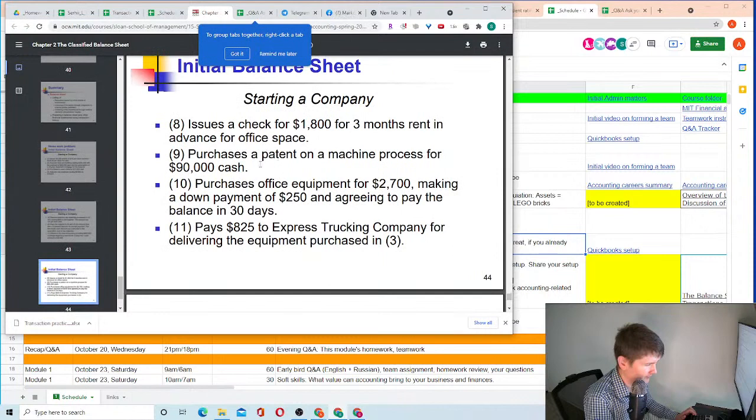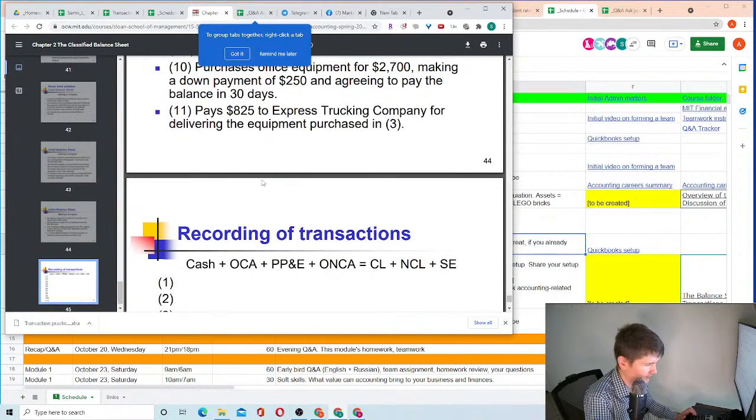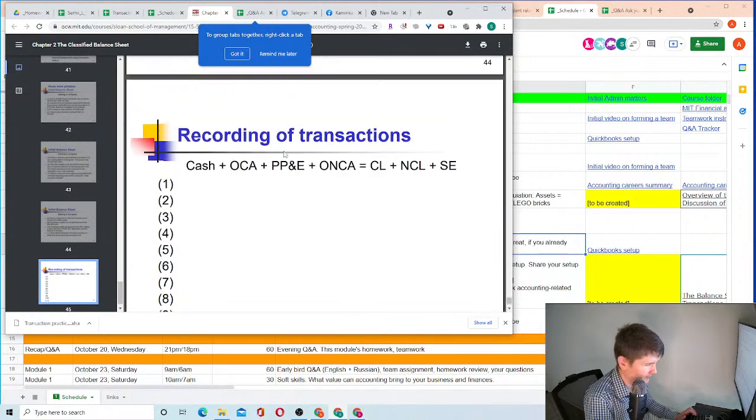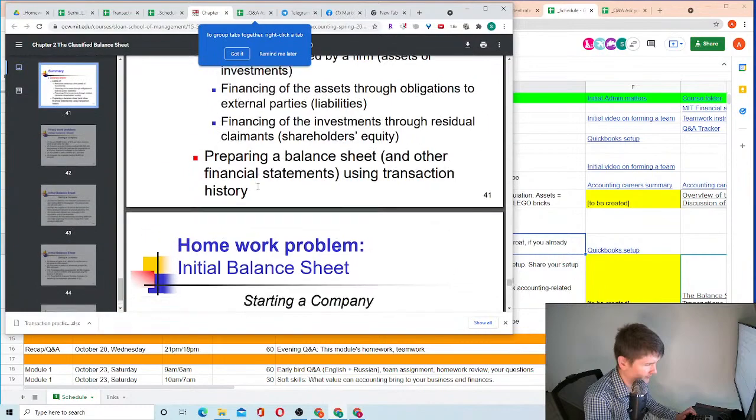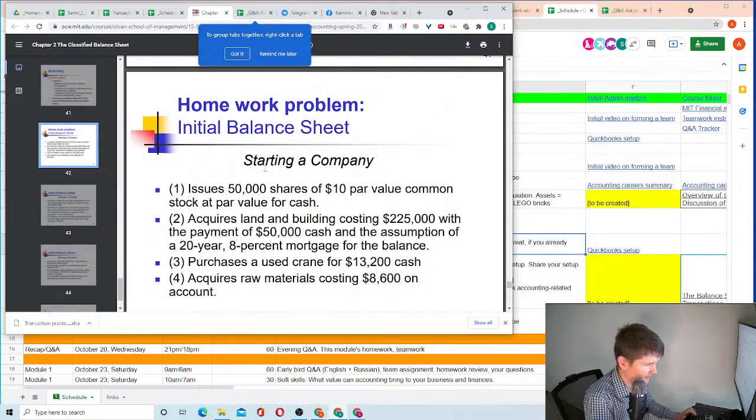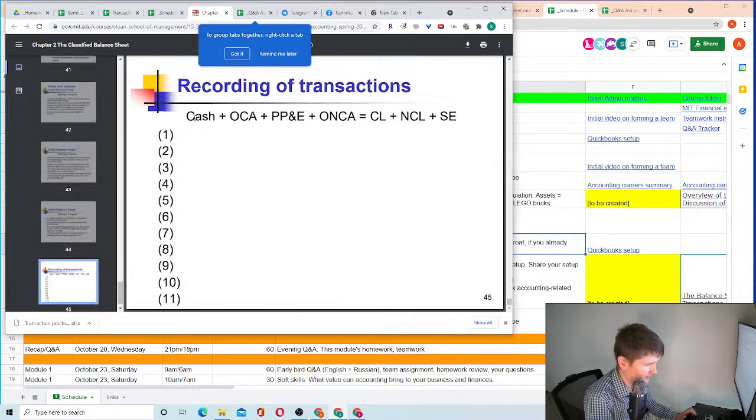You might need to do some own research to do that. And at the end they offer you to practice presenting them in the form of accounting equation, which is a bit more detailed. So we still have assets on one side and liabilities and equity on the other side.